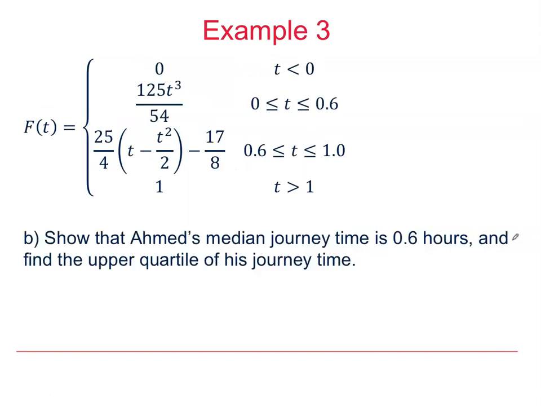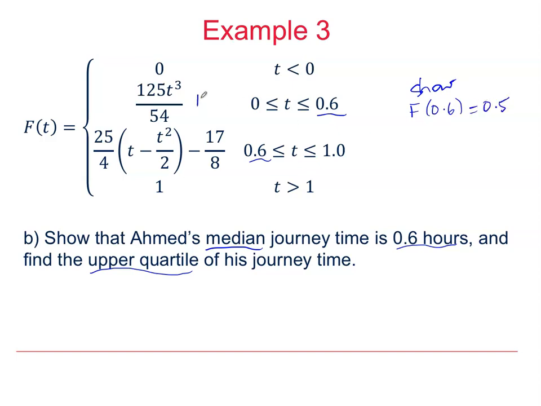Moving on to the next part of the question, which is concerned with the median journey time and the upper quartile of the journey time. The requirement is to show that the median journey time is 0.6 of an hour, and actually this was the point where we move from one PDF to the next PDF. So we could use either of these two to show that F of 0.6 is equal to 0.5.